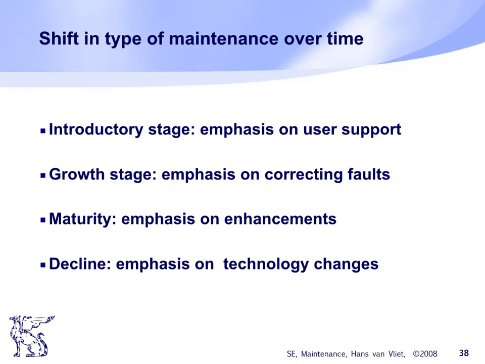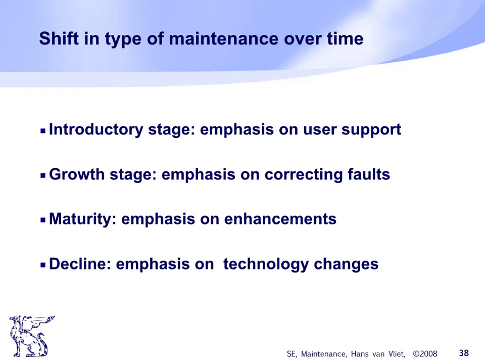Users have to be trained to use the system, so they will often contact the help desk for clarification, and then we have to give them support to understand the system, and then they will have the knowledge to use the system. So in the introductory stage we will train the user to use the system.